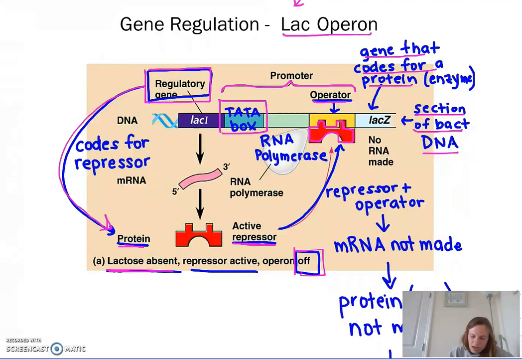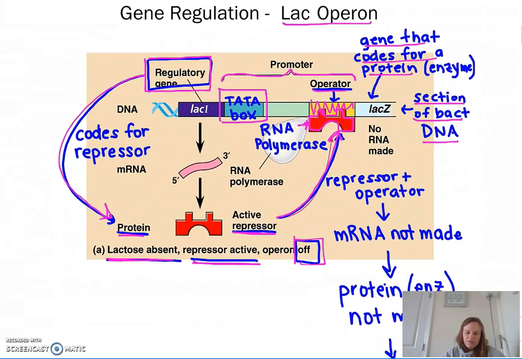So in that case, we want the repressor to be active. So why do we want the repressor to be active? We want the repressor to be active so that it can bind to the operator, and now RNA polymerase cannot make messenger RNA, therefore the proteins, those enzymes, aren't made.